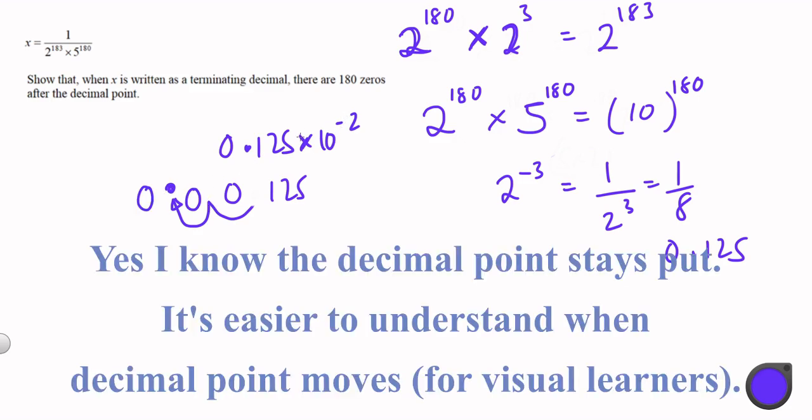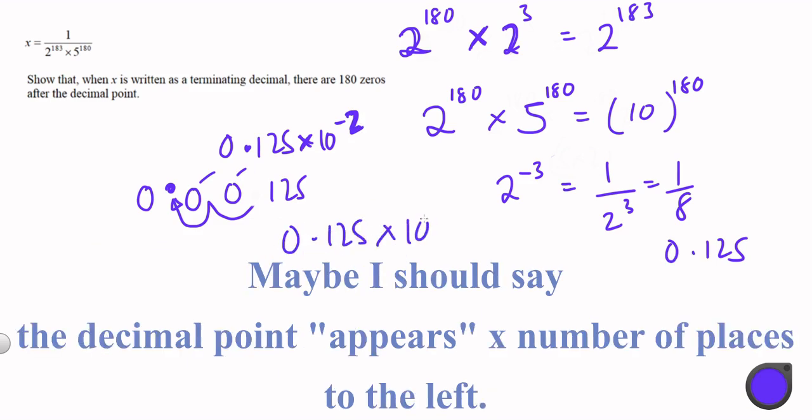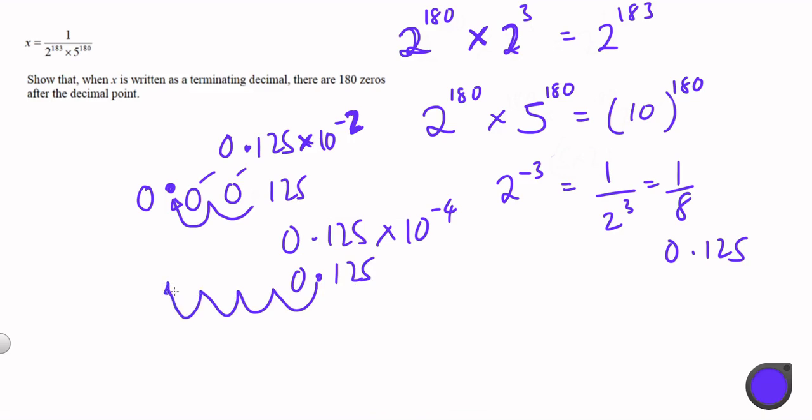So it looks like when you times by 10 to the power of minus 2, you have 2 digits after the decimal point. So if you tried it with something else, let's say 10 to the power of minus 4, then the decimal point will move 4 places to the left. 1, 2, 3, 4. The decimal point goes from here.